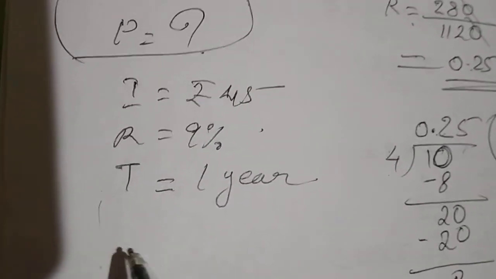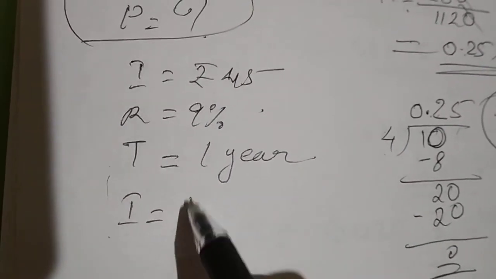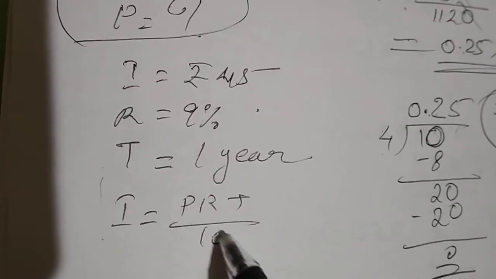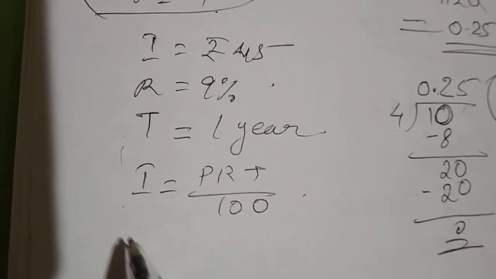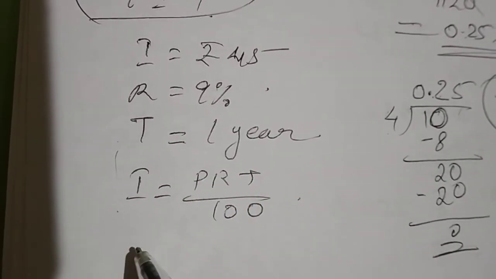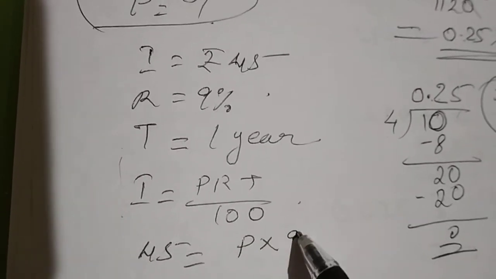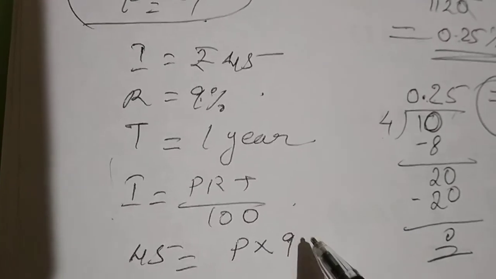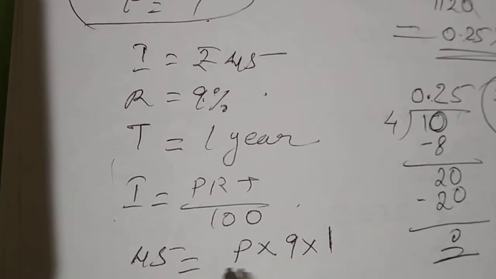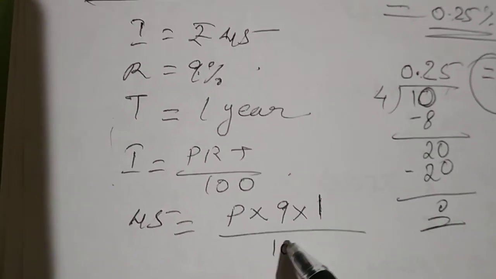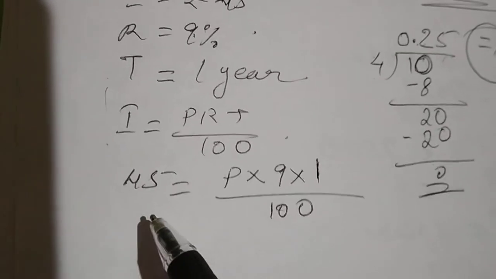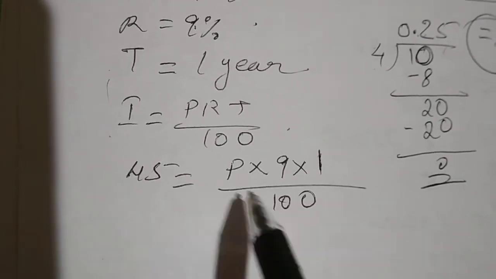We know the equation I is equal to PRT on 100. Here P we don't know, we have to find, but I is equal to 45. So 45 is equal to P times 9, 9 is the rate, times time, that is 1, on 100. Then we can do 45 times 100.